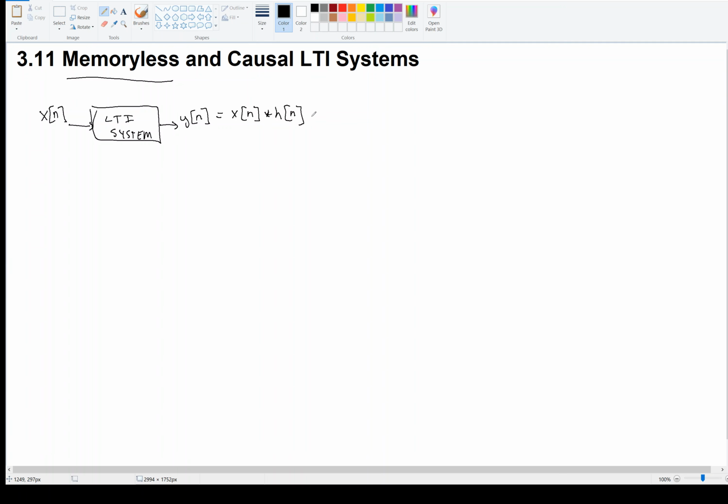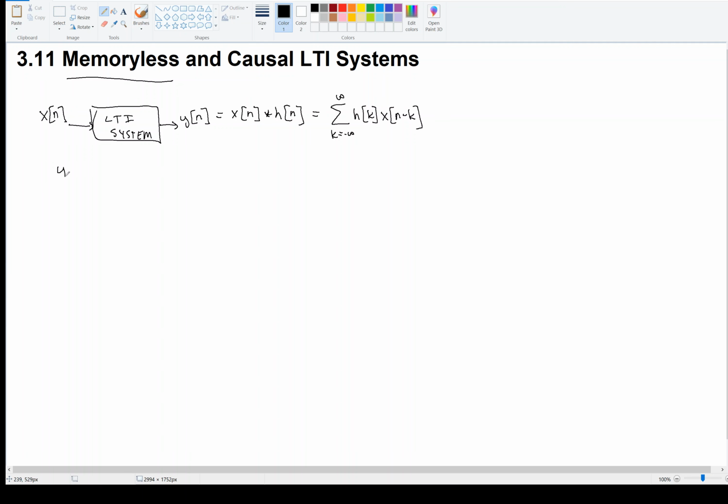We know the mathematical definition of convolution, and we know that convolution commutes. So I can write this as the sum over k from minus infinity to infinity of h of k times x of n minus k. All right, so that's the output.